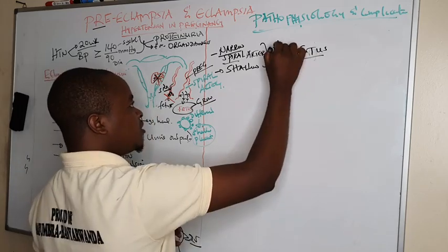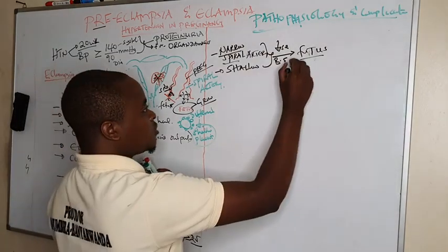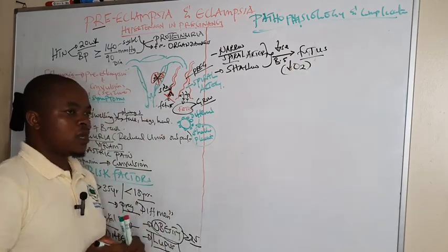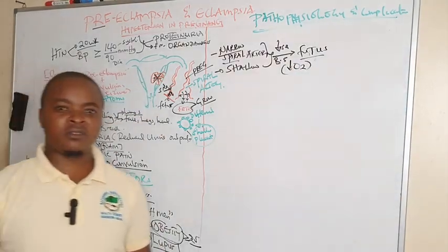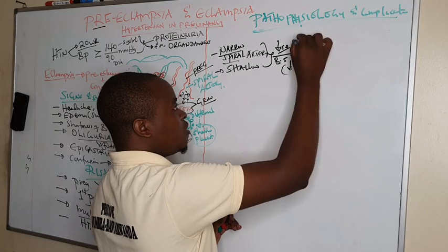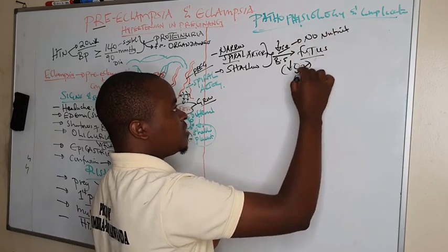And when there is decrease in blood supply to the fetus, what is going to happen? There is also reduced oxygen supply. So no nutrients and no oxygen reach the fetus.